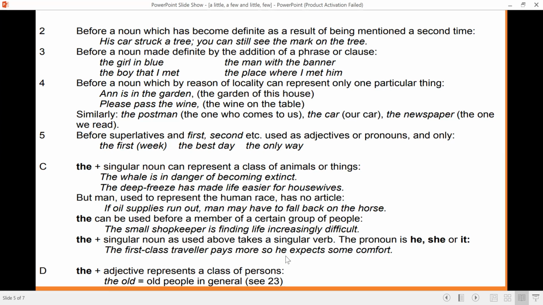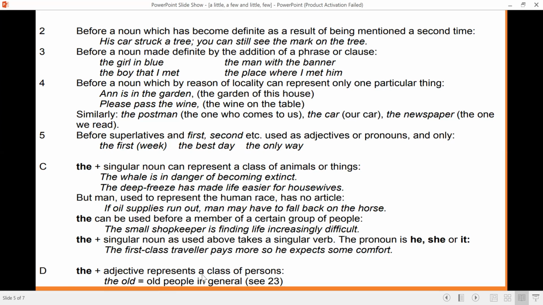And you will also follow it with a pronoun like this: he expects some comfort, or she expects some comfort, or it, etc. You will not say they. You will not say we or they here, because the plus singular noun will always take a singular verb, and it will take a singular pronoun as well.